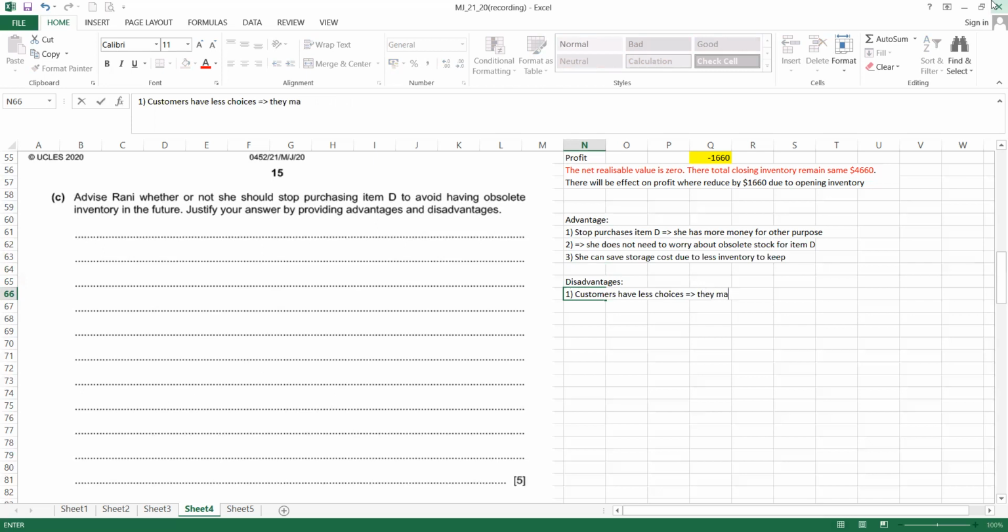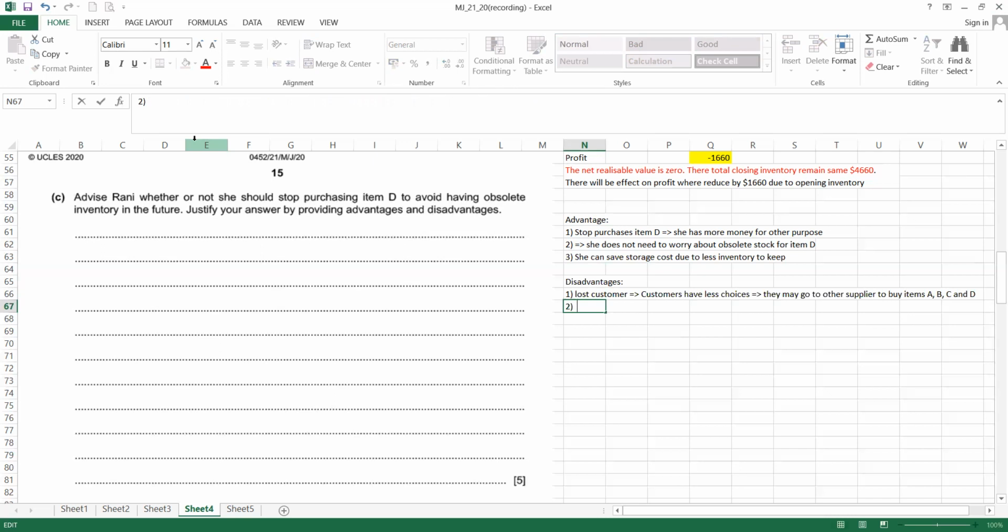They may go to other suppliers to buy item A, B, C, and D. So she will lose a customer. So this one actually is lost customer, due to customers going to other places to buy.